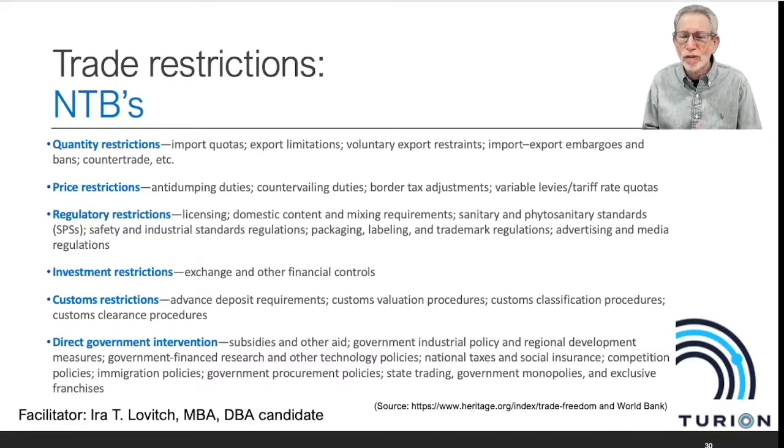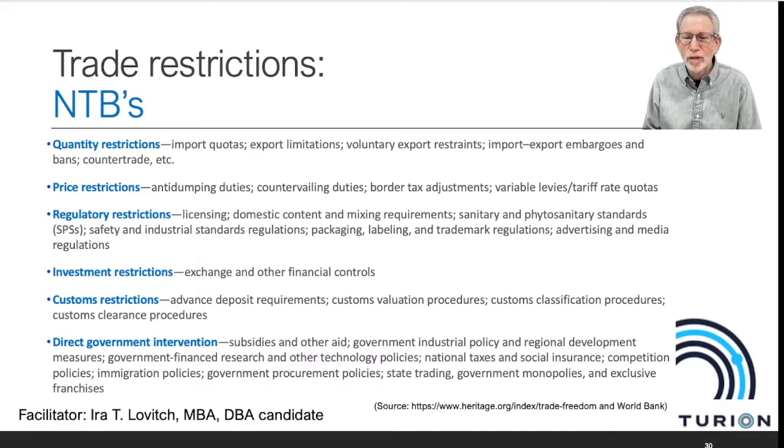Regulatory restrictions, licensing in order to bring something in, or regulations, as we talked about, on the types of items, for example a safety regulation or something that relates to intellectual property, such as trademarks or patents.